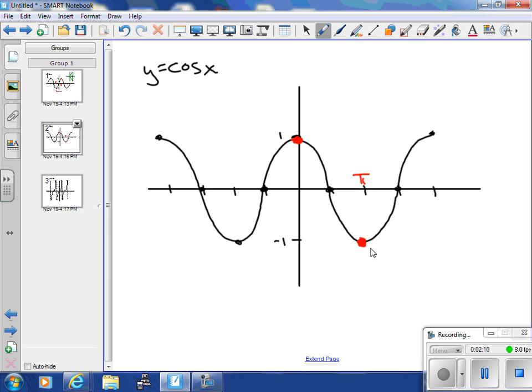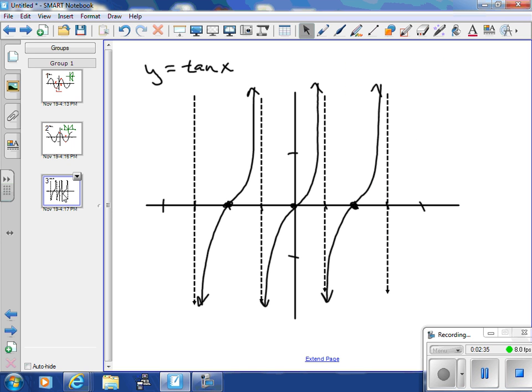Every value for cosine is covered in there. So if we're going to do an inverse of cosine, we have to look within this range. So if we're drawing our triangles for an inverse cosine, it's going to be somewhere between 0 and pi. So we're going to draw our triangles either here or here.